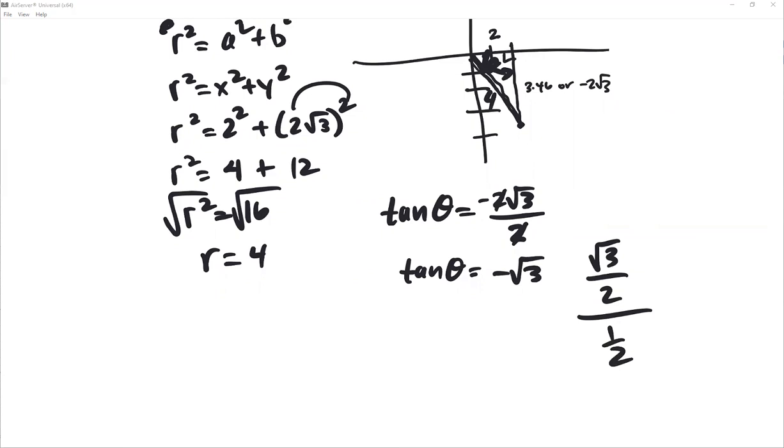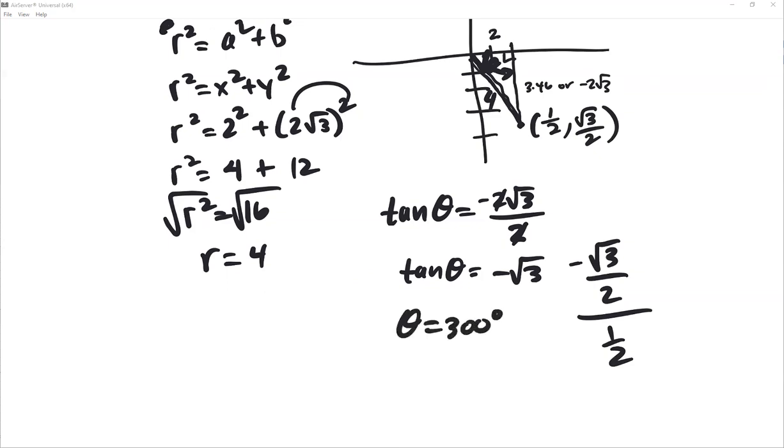So this should be negative up here. So where is it where the x is 1/2 and the y is radical 3 over 2? It is 300. So you could say theta is 300 degrees.